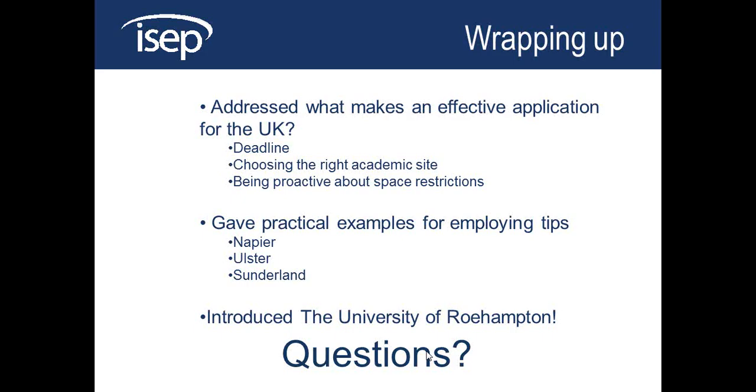Okay, so I have a question that is not uncommon. I think this question comes up due to the fact that chances of placement in the UK tend to be limited.